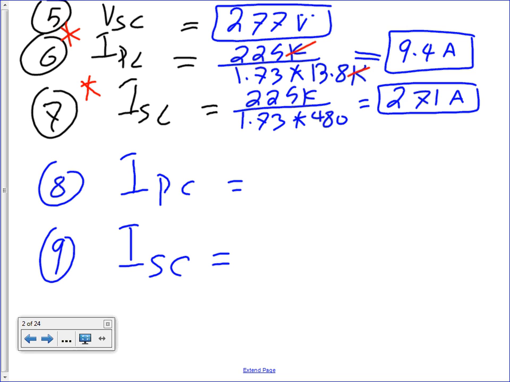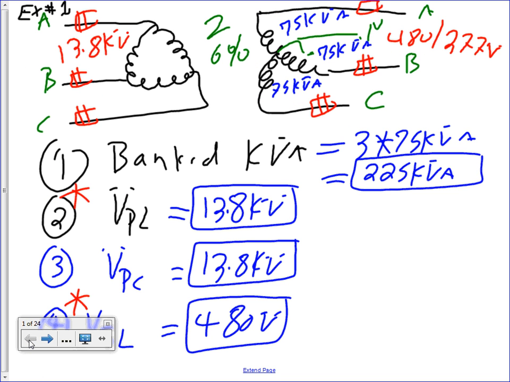Okay, let's go to the I primary coil. I just want to remind you guys, if you go to the diagram, it is a delta. In a delta, the I line right in here is my I primary line, and this is I primary coil right in here. The coil is always the line divided by 1.73 in a delta.